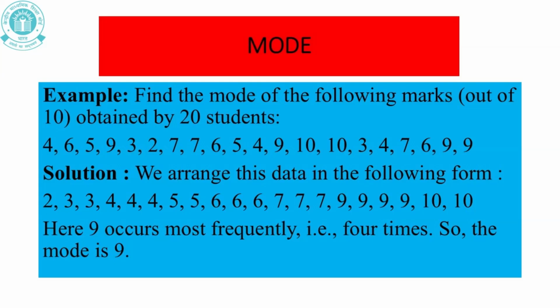Solution: we arrange this data in the following form: 2, 3, 3, 4, 4, 4, 5, 5, 6, 6, 6, 7, 7, 7, 9, 9, 9, 9, 10, 10. Here, 9 occurs most frequently, that is 4 times. So, the mode is 9.